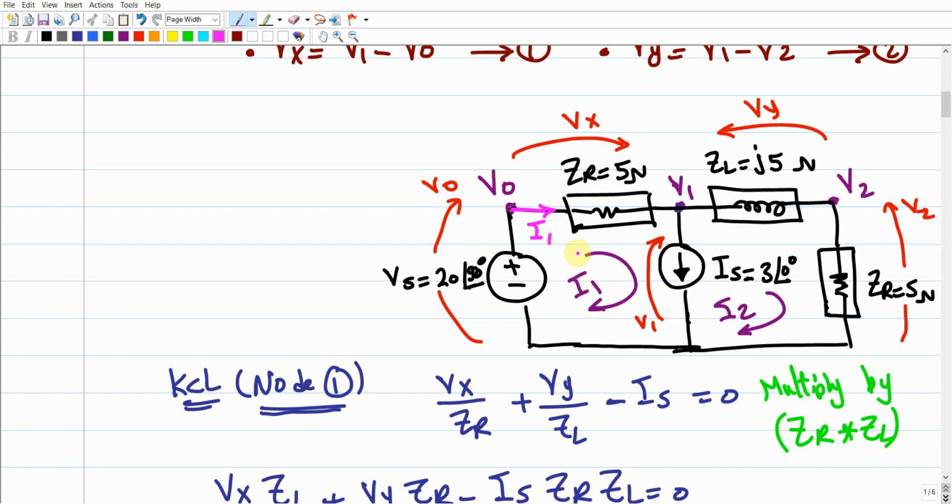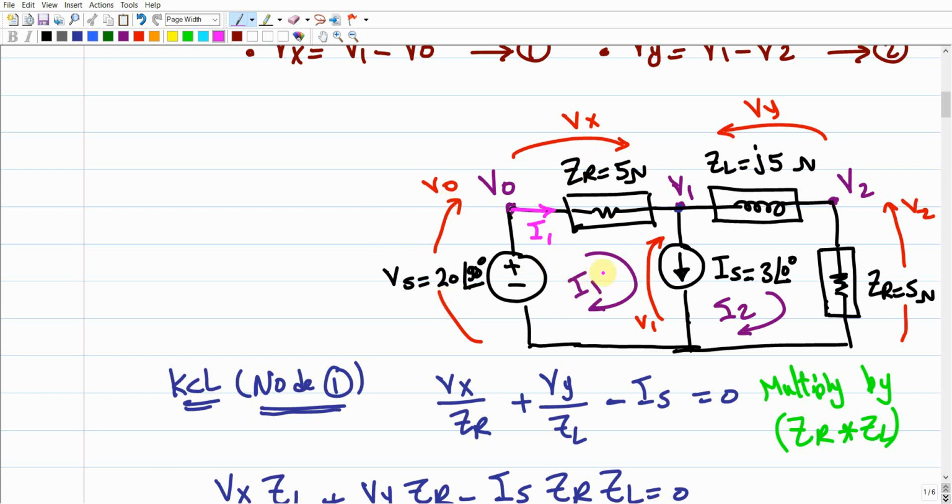I'm sorry, this is the branch current and this is the mesh current. For this element, the mesh current and the branch current are both equal. So I1 will equal the branch current over this impedance ZR.